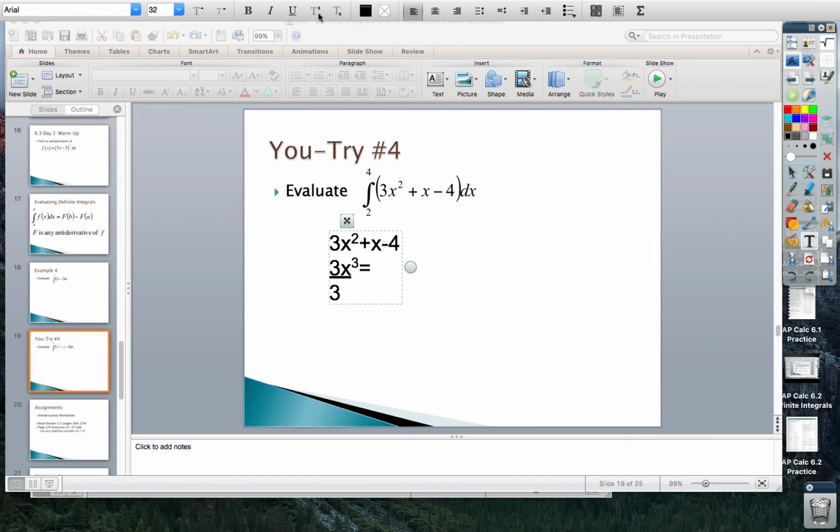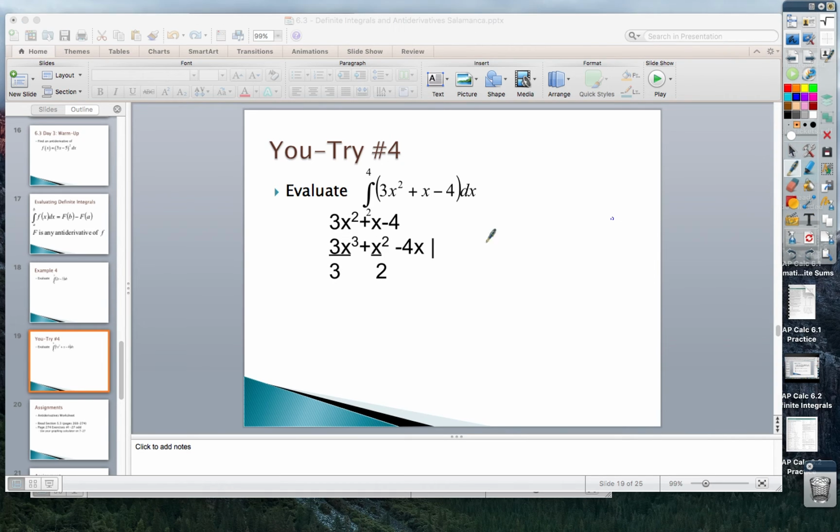And plus x squared divided by 2 minus 4x from 4 to 2. And then we're going to substitute everything in.